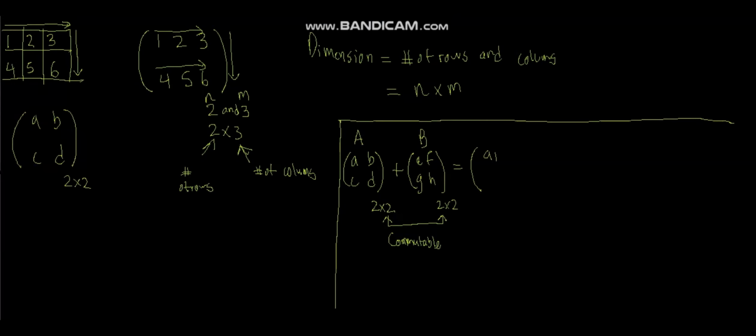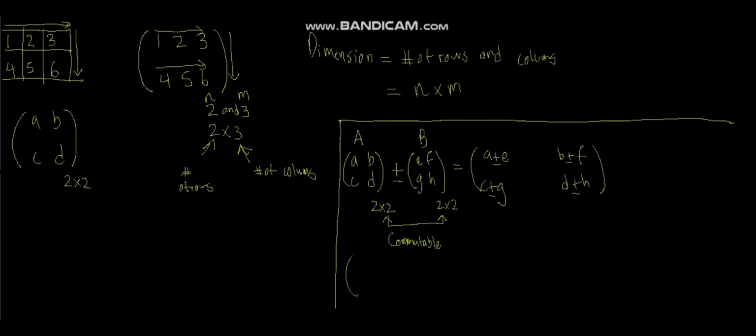So A plus E, B plus F, C plus G, D plus H. And similarly for subtraction, it would be as follows: plus or minus, plus or minus. Let's see this with an example.